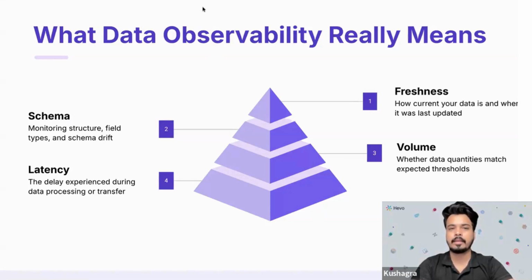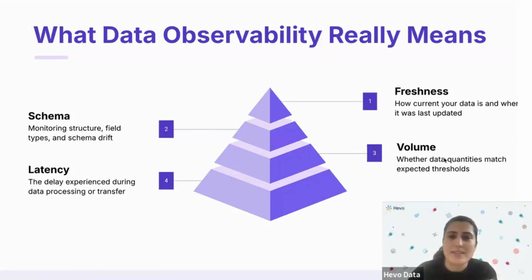Latency: is data arriving within the SLA which you have promised to your stakeholders? And also schema: did any fields or structure change unexpectedly, and is that being handled? These dimensions form a healthy, dependable data ecosystem and are very genuine requirements. Well, we've got all of this covered for you.